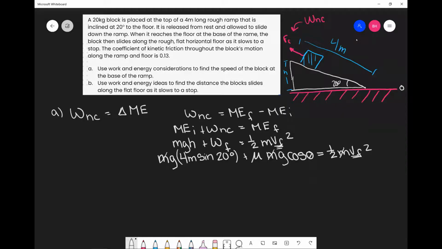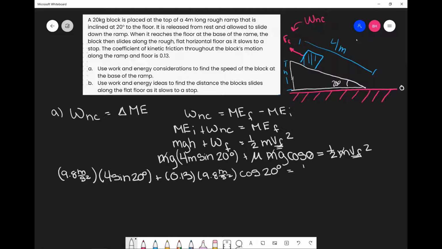I'm going to start over here because I know I'm going to need a lot of room. So G is gravitational potential energy times 4, I'm just going to say sine 20 degrees to find our height, plus mu, which is our constant, times 9.8 meters per second squared, and this is going to be cosine 20 degrees.